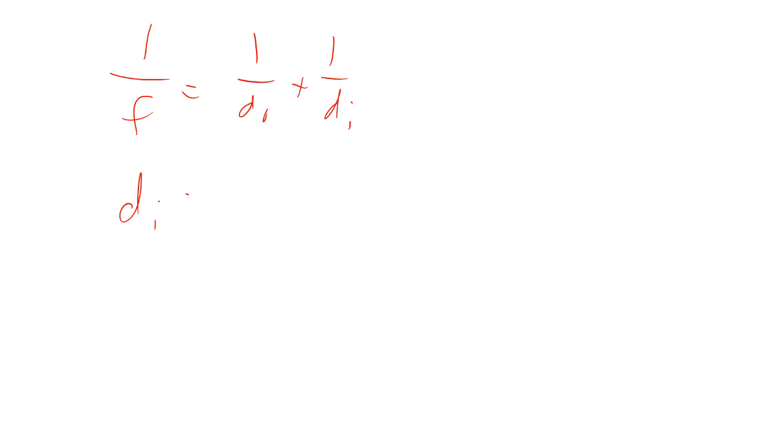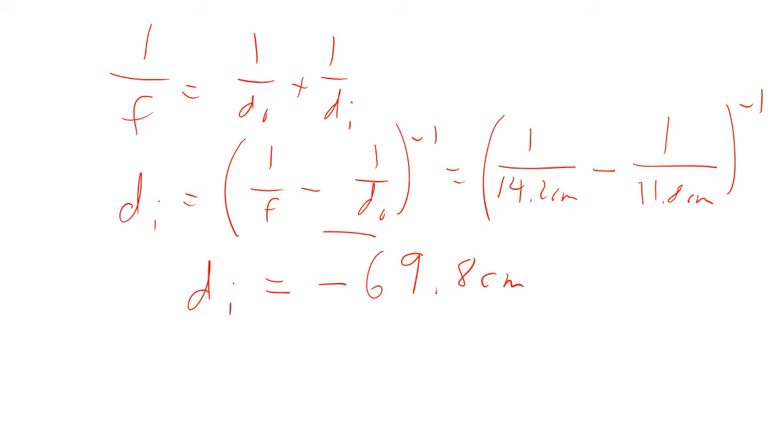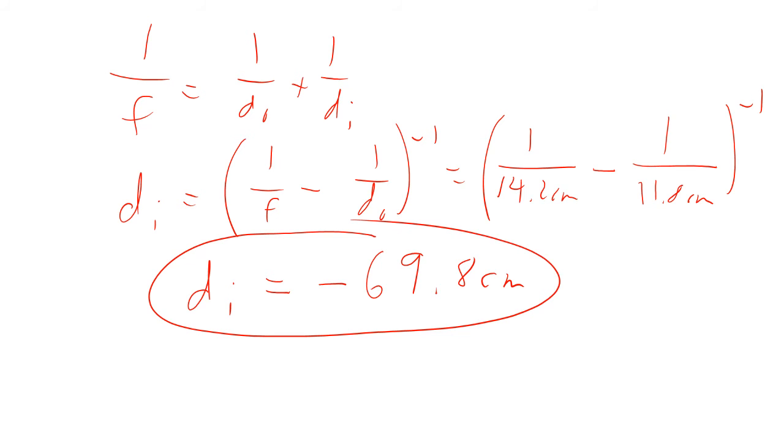So di is 1 over f minus 1 over do, to the minus 1. So for this example, 1 over 14.2 centimeters minus 1 over 11.8 centimeters, to the minus 1. So di is now going to be a negative 69.8 centimeters. So that's behind the mirror.